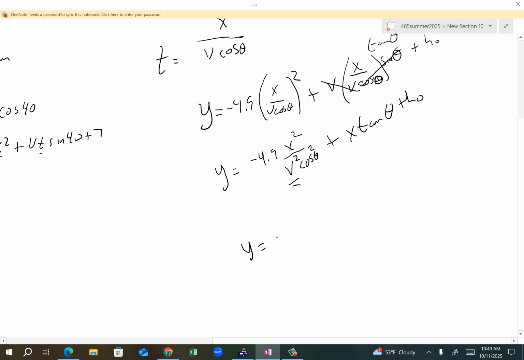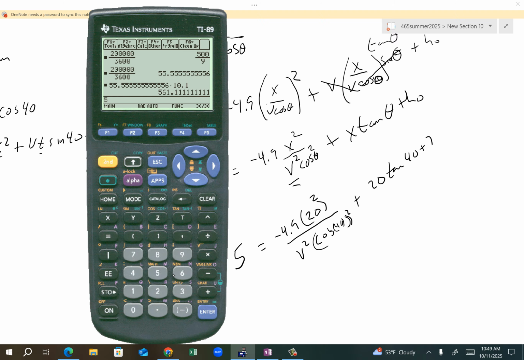So y equals negative 4.9, and then x squared is, I'm going to do 20 first just for fun, over v squared. Oh wait, this is 5 over here, right? Cosine of 40 squared plus x, 20 tangent 40, plus 7. So I'm going to go 5. Oops, I'm in radians. I got to get that back to degrees. One moment, please.